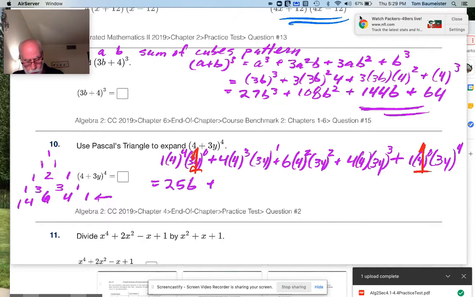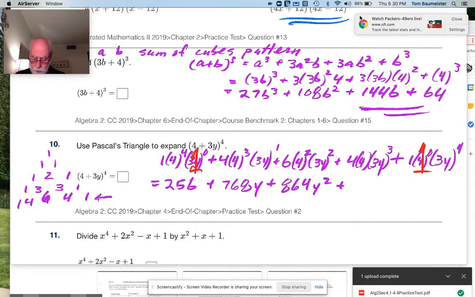And then I have 4 to the 4th, which again I just told you was 256, and I'll take that times 3. That'll give me 768. And it looks like we have y to the 1st power. On this one here, I have 6 times 4 squared, 6 times 16 times 9, which will give me 864. And that'll give me y squared.